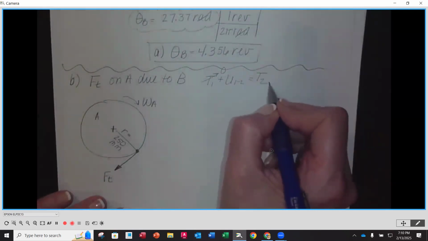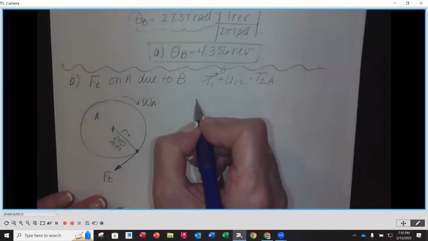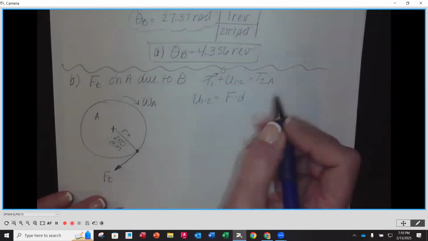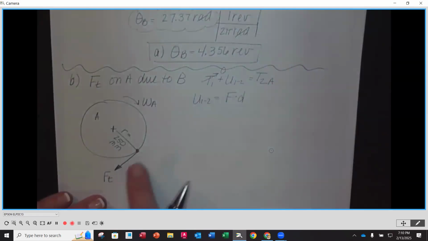And this time, I'm going to call this T2A just because I don't want to mix it up with what was on top. Now, the work part is going to be equal to force times distance. Yes, this is rotating, but we're trying to find that tangential force.